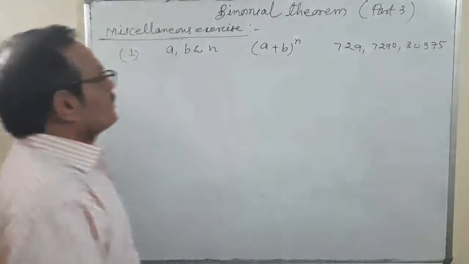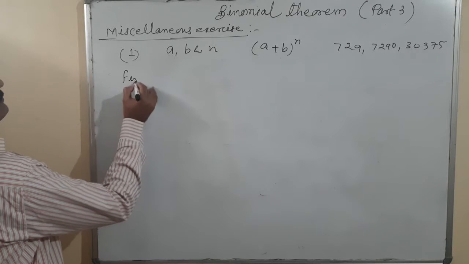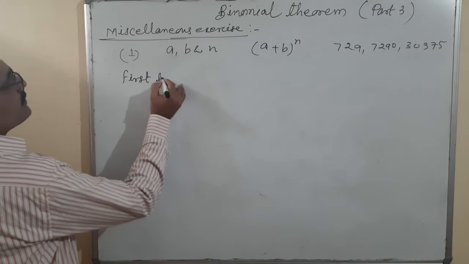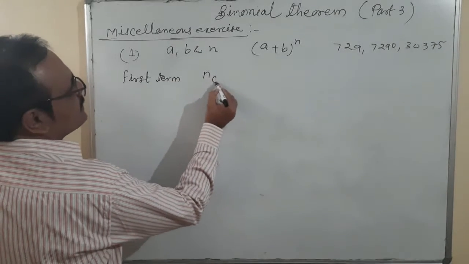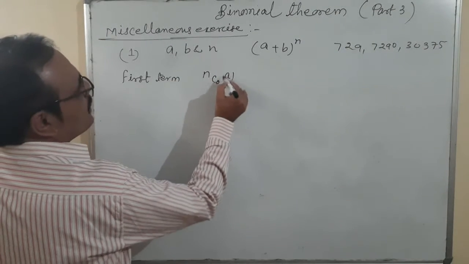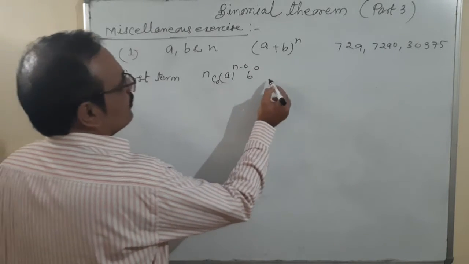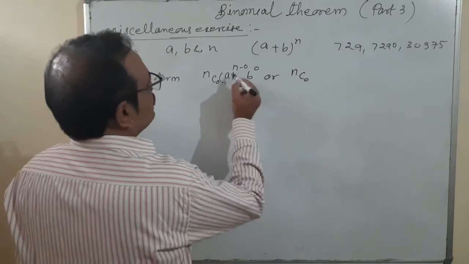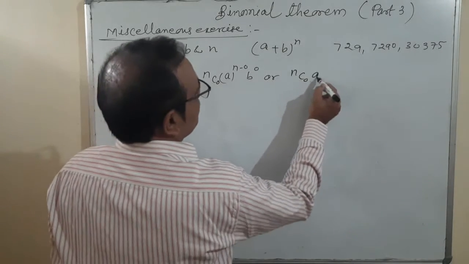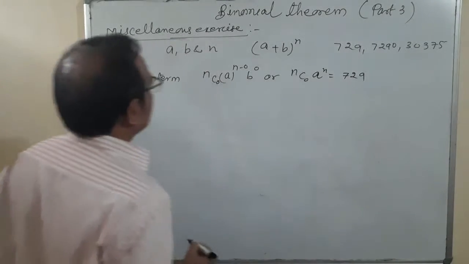So what is the first term? It is nC0, a to the power n minus 0 and b to the power 0, or nC0, a to the power n, is equal to 729. That is one term.